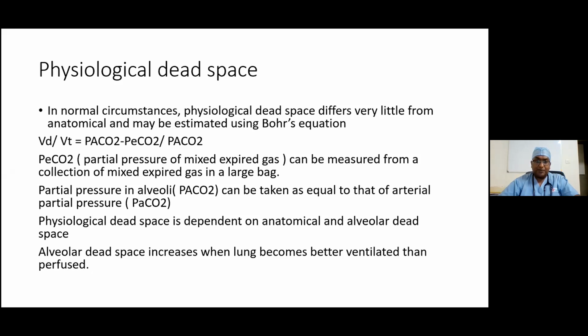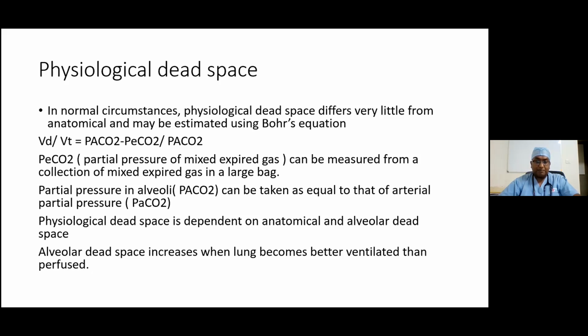That is, partial pressure of mixed expired gases relative to partial pressure in alveoli. Partial pressure of mixed expired gas can be measured from a collection of mixed expired gas in a large bag. And partial pressure in alveoli can be taken as equal to that of arterial partial pressure.